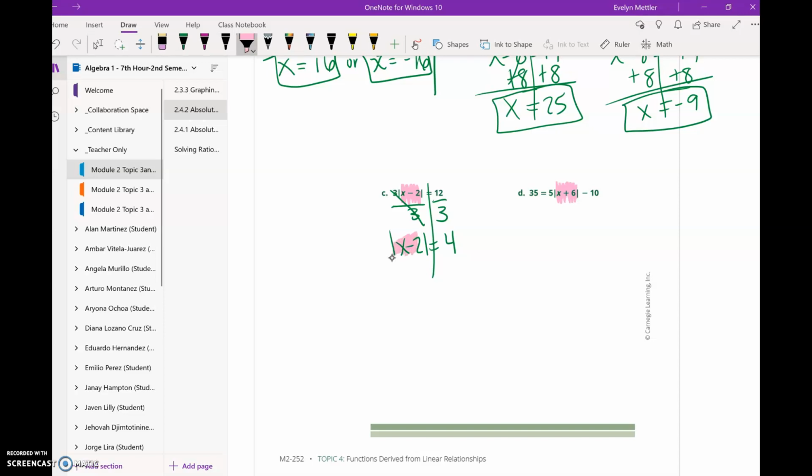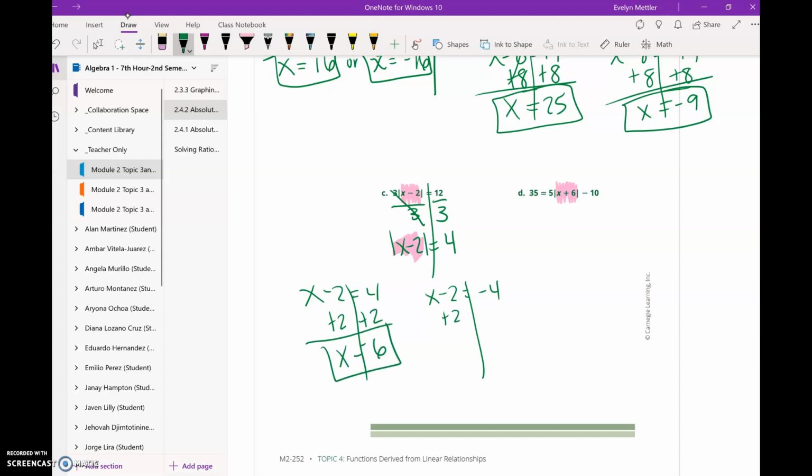So some number subtract 2 has a distance of 4. Could be 4 to the right, could be 4 to the left. Either way, we're going to get two answers. So be very careful. Make sure you're getting that distance by itself.